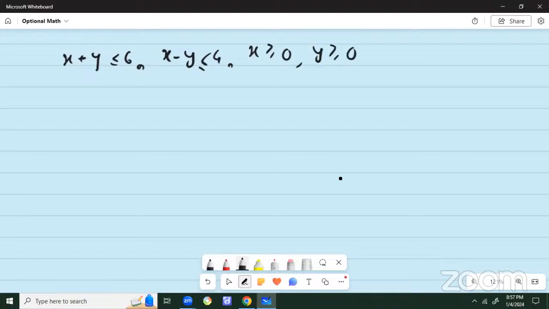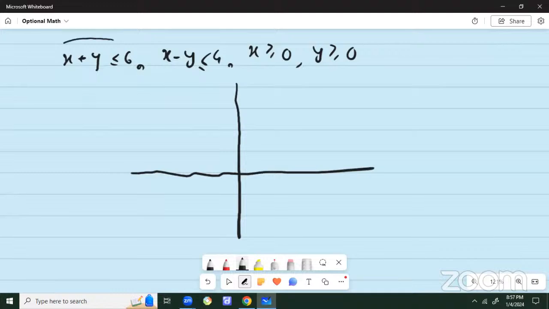Can we find the solution manually? Let's do it roughly. Now from this inequation, what is the boundary line? X plus y equals 6, right? So what are the points which can be taken from this boundary line?